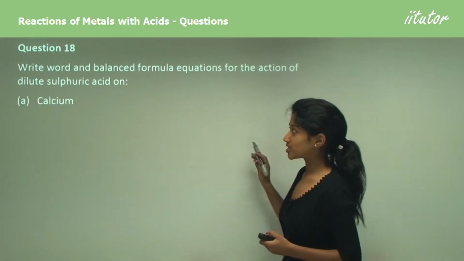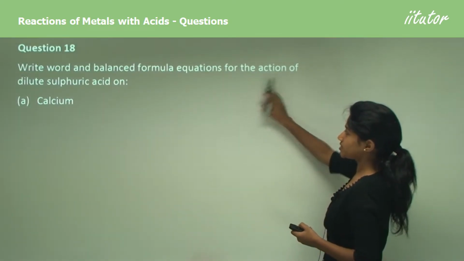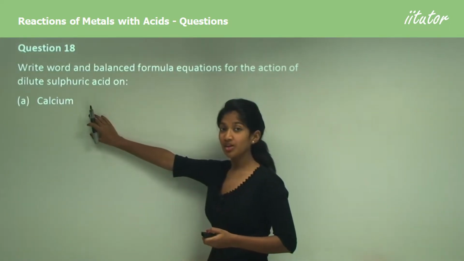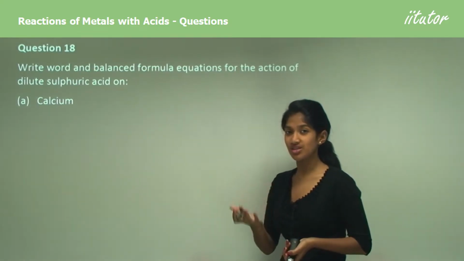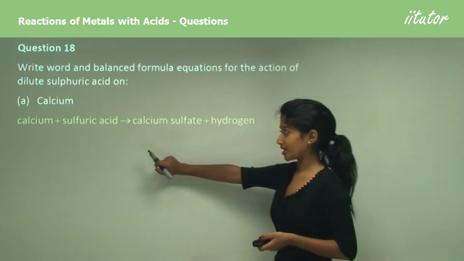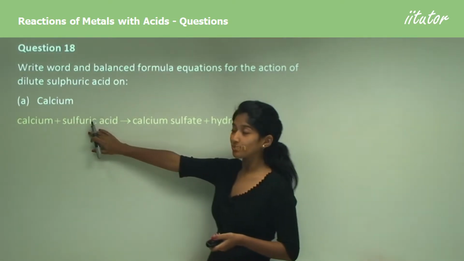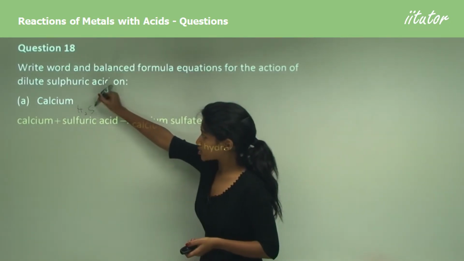Now moving to question 18, it says, write word and balanced formula equations for the action of dilute sulphuric acid on calcium. Now we know calcium is quite reactive, but it's not as reactive as sodium or potassium. So when calcium reacts with sulphuric acid, it forms calcium sulfate. Now the sulfate is from the sulphuric acid because remember it's H2SO4.